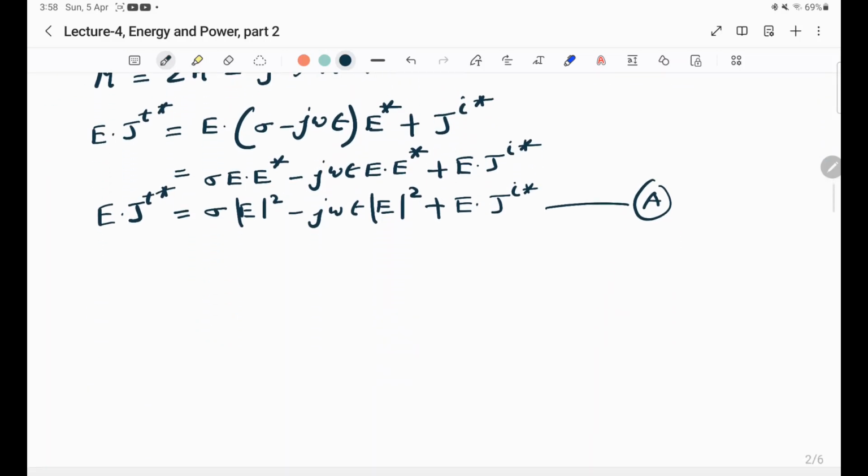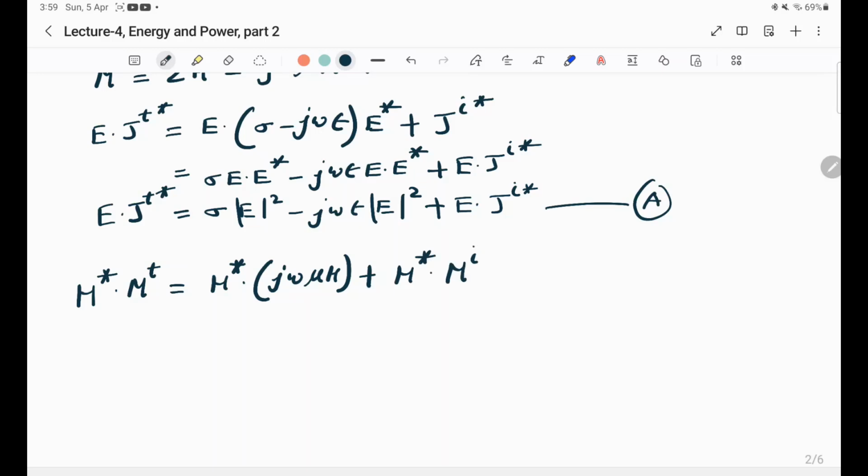Okay, now similarly we will multiply H conjugate with M total. So H conjugate remains as it is, and we multiply it with j omega mu H plus H conjugate times Mi.